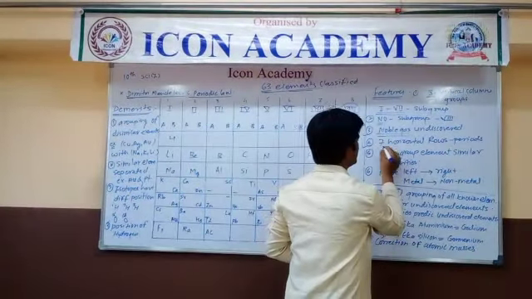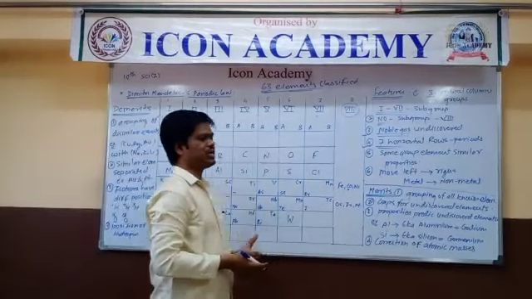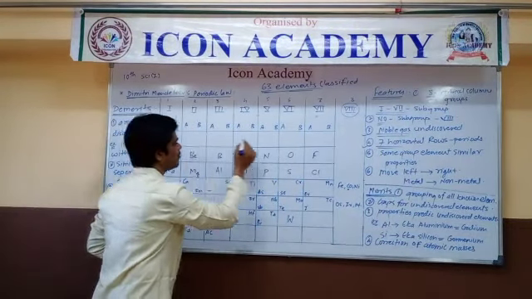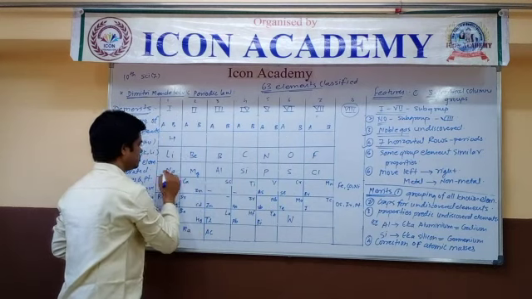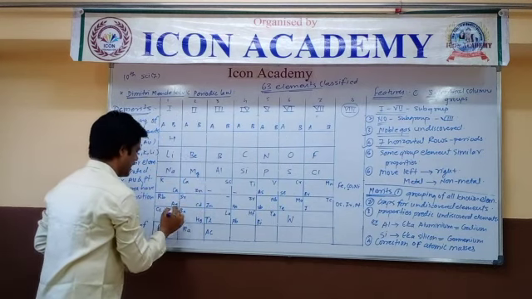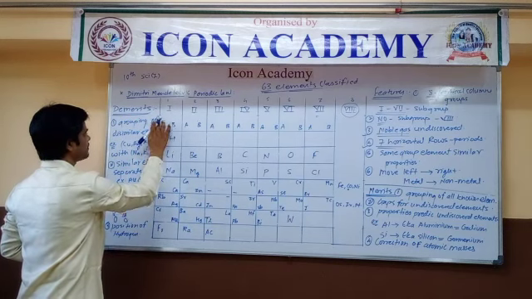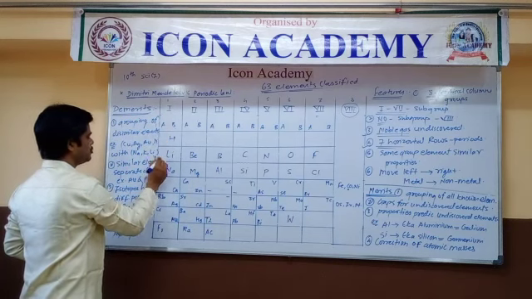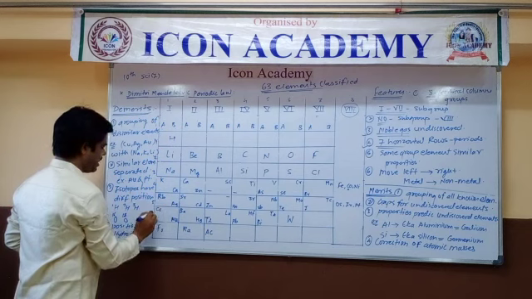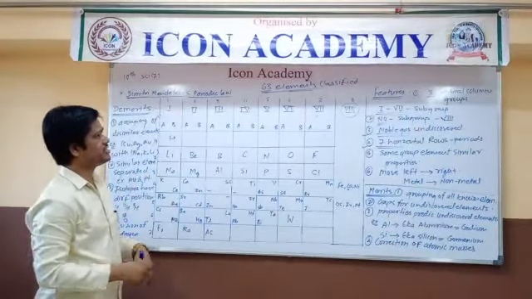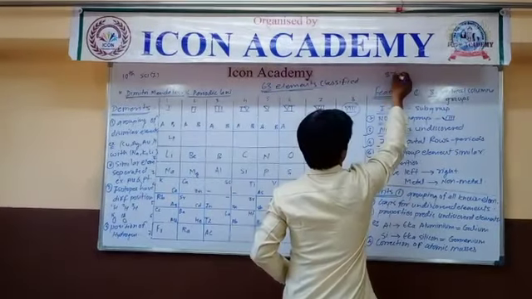The fourth important feature: 7 horizontal rows are called periods. 7 horizontal rows like this: 1, 2, 3, 4, 5, 6 and 7. Means this periodic table is 8 by 7.